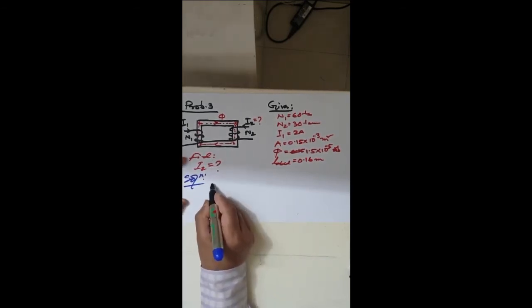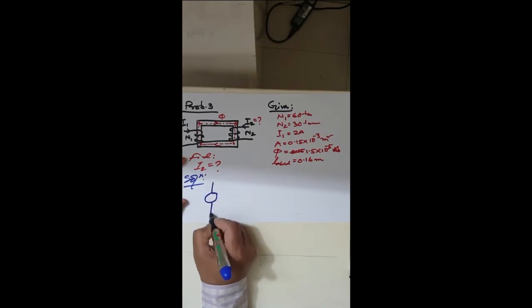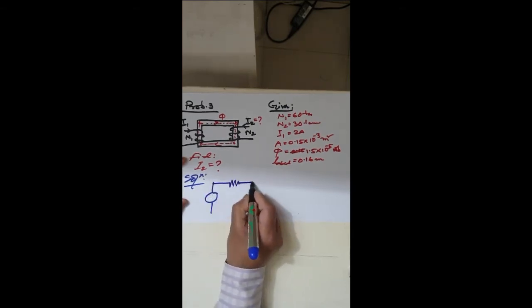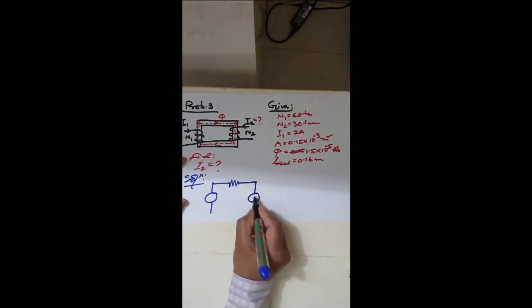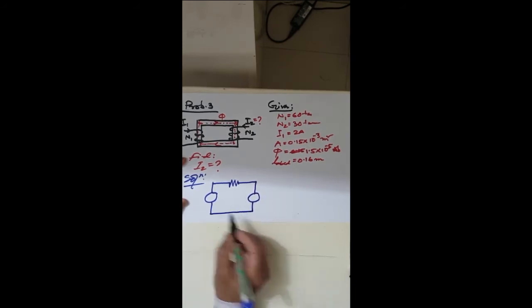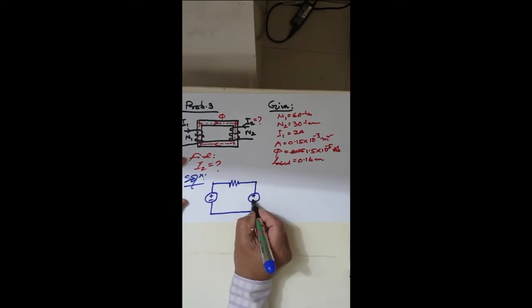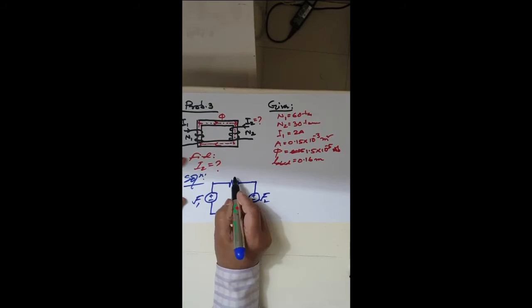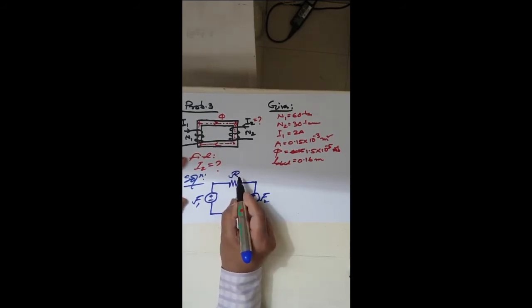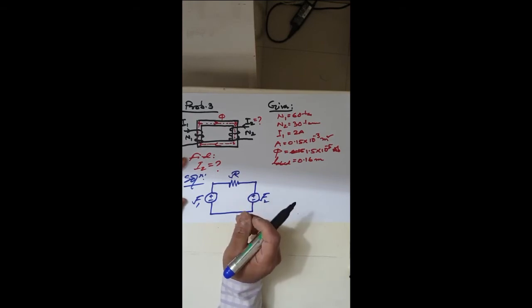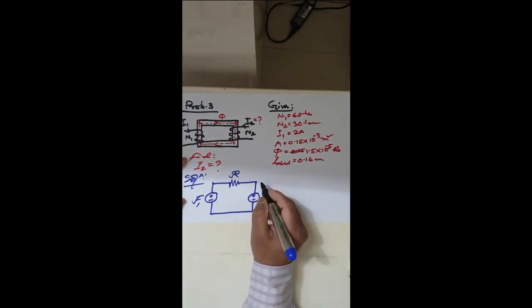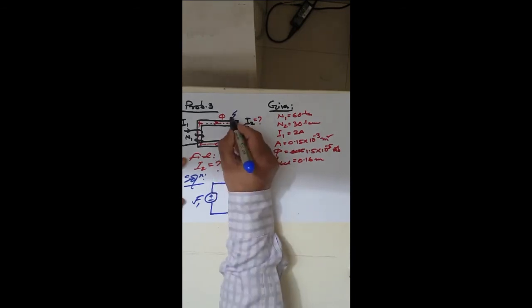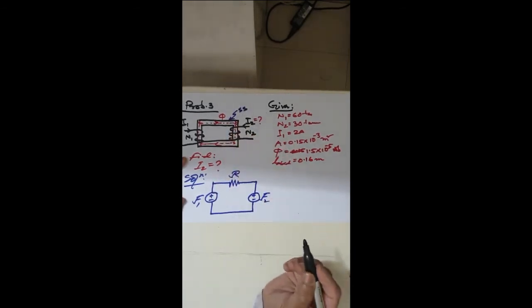The equivalent circuit will be only one core, so one resistance will be here, and these are the two magnetic forces, F1 and F2, with F2 being the magnetic force induced into the second coil, and this is the reluctance R. And this one you can consider as a steel sheet. The core is not given here, just consider it as a steel sheet, so it is RSS.